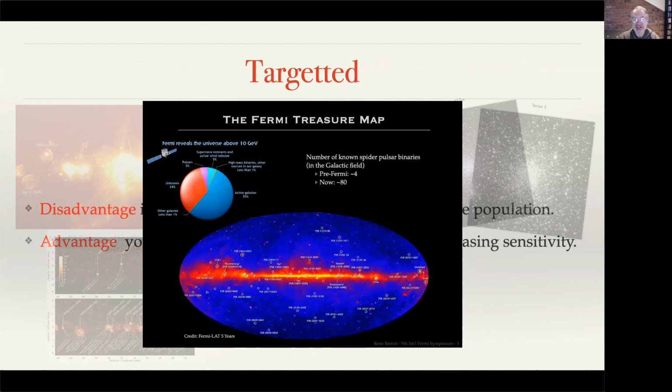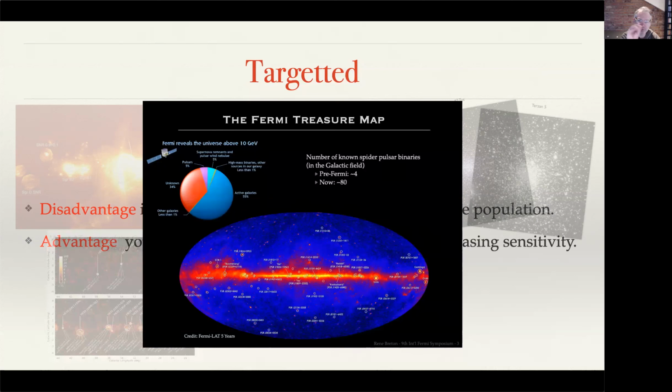And perhaps the most successful of all of the targeted approaches has been to look at gamma ray sources identified with the Fermi Space Telescope. Now, Fermi looks in gamma rays. You can look at the spectrum of the gamma ray sources, and that is a very, very good indicator of where you might expect to find a millisecond pulsar.